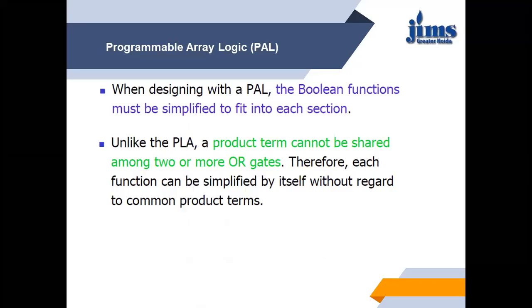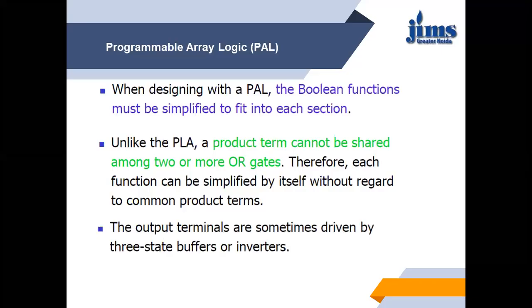Therefore, each function can be simplified by itself without regard to common product terms. So the product term we have to implement, or burn, for each output, because the OR array is fixed. Now the output terminals are sometimes driven by tri-state buffers or inverters, as in the case of PLA.